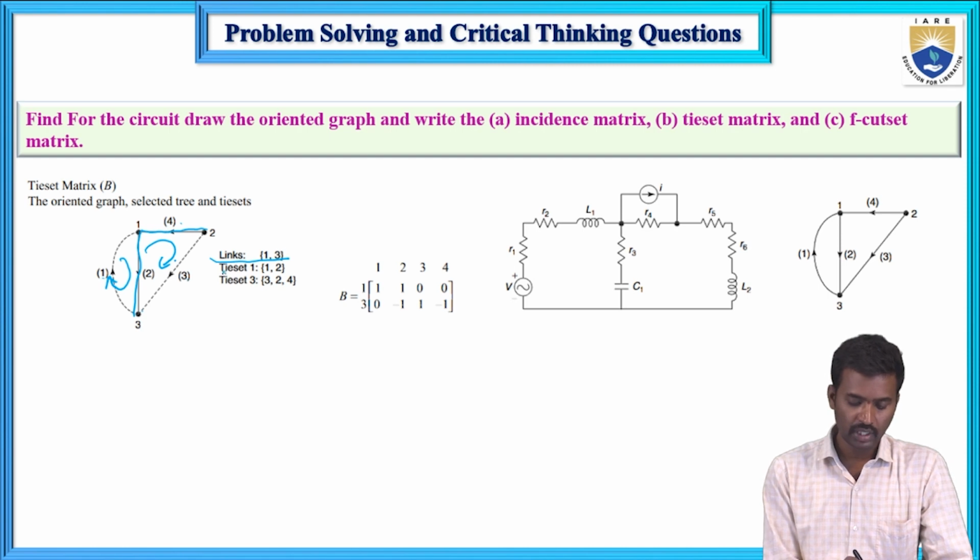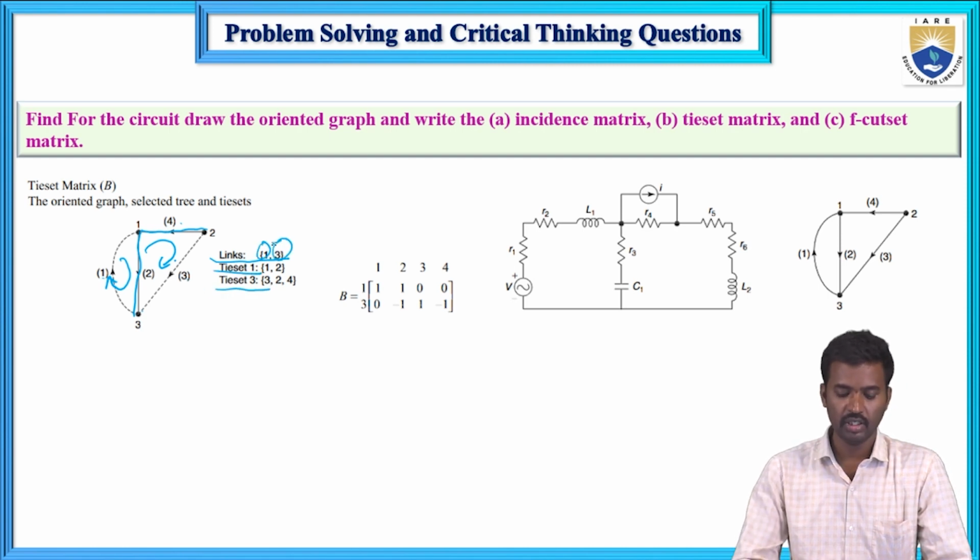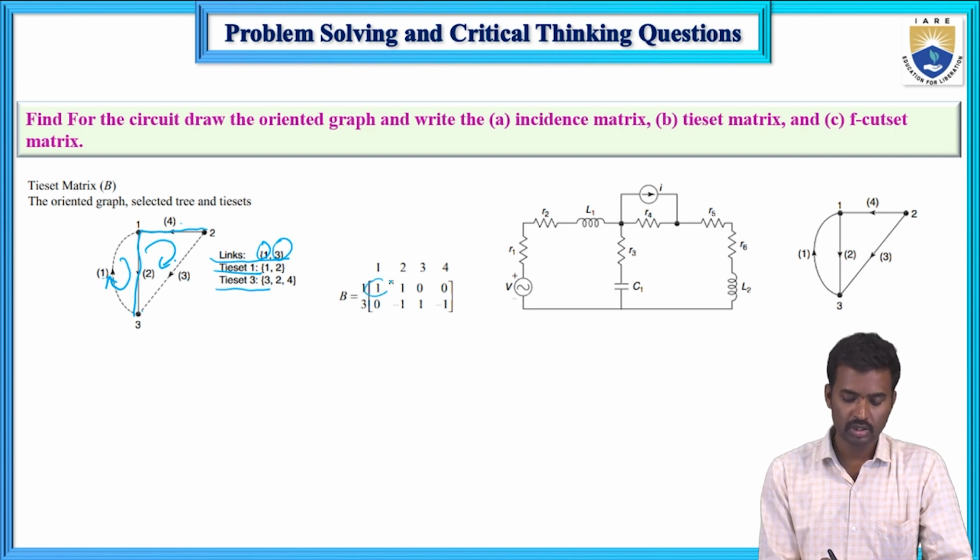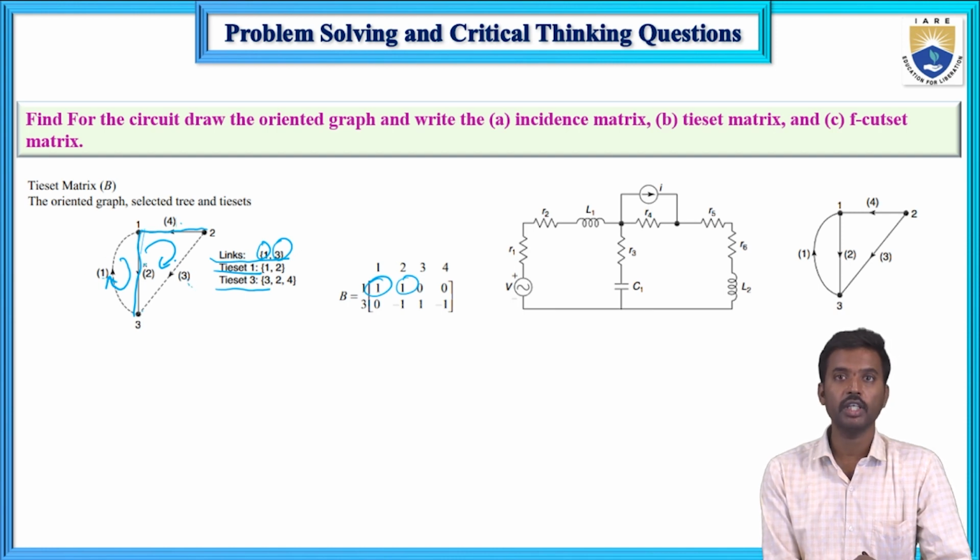So here tie set 1 and tie set 3. This one direction is same direction, 1 and 2 direction is same direction 1. Remaining 3 and 4 are not associated with this loop. And next, same way, this third tie set, third branch, third link, and in this for 1 is not associated.